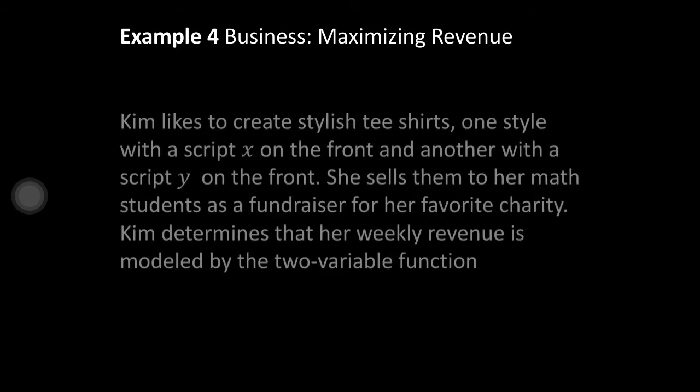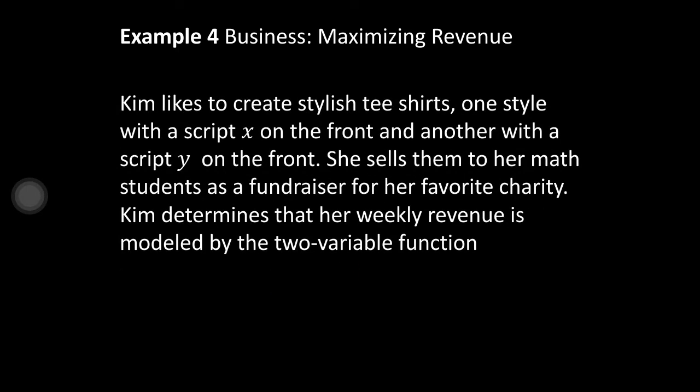So, for example, for business, maximizing revenue. Kim likes to create stylish t-shirts, one style with a script X on the front and another with script Y on the front. She sells them to her math students as a fundraiser for her favorite charity.